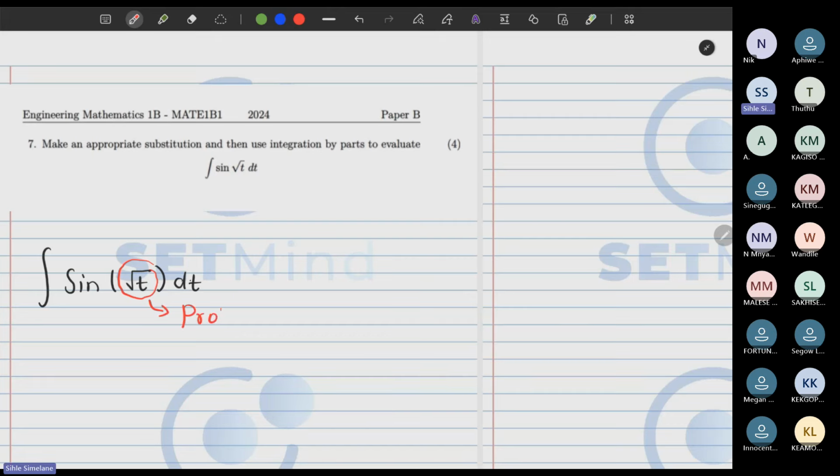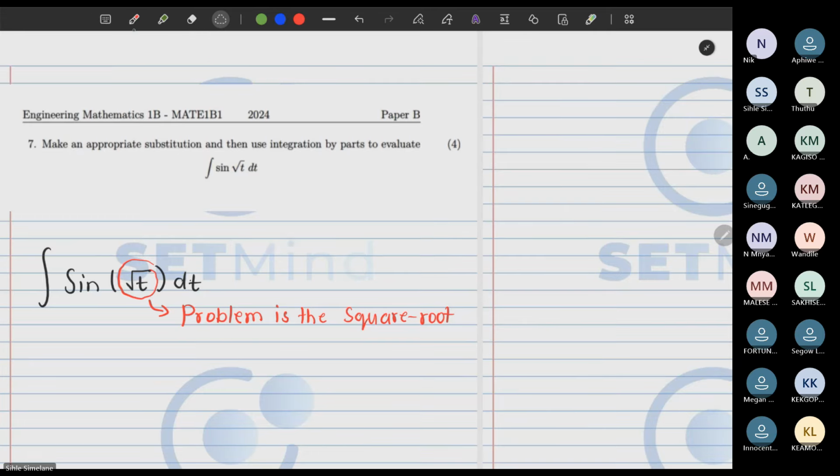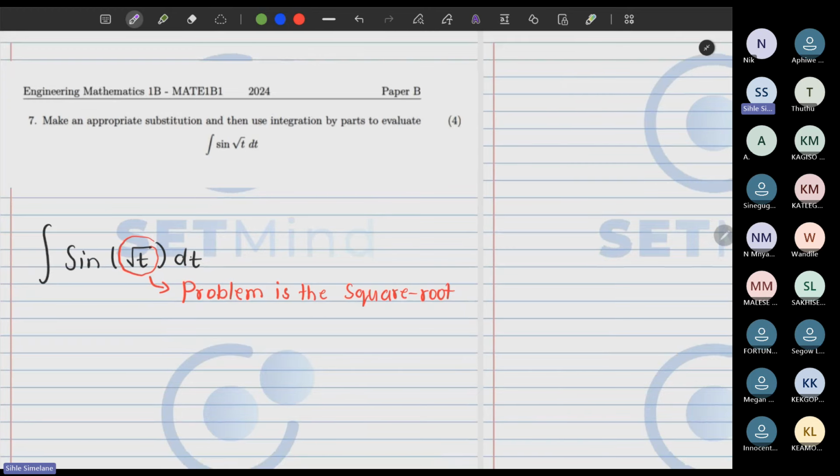So what substitution should we make? If the square root was not there, this problem would be done already.